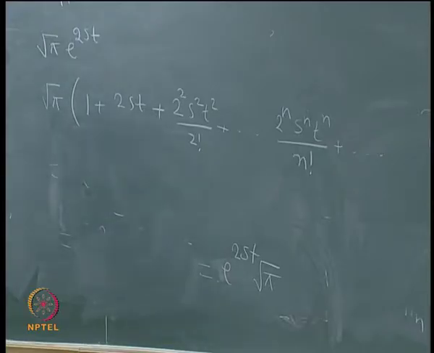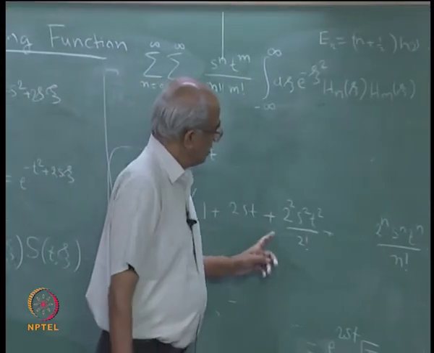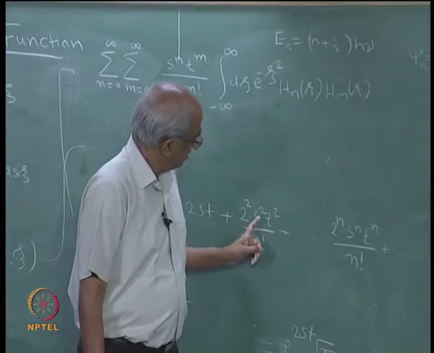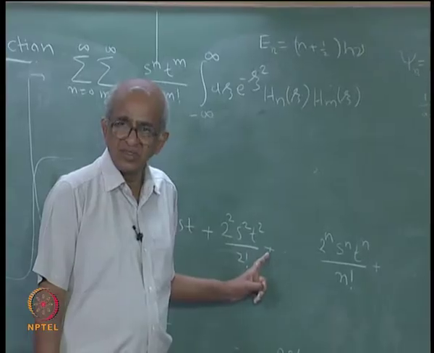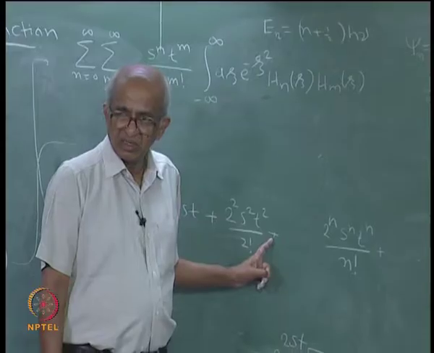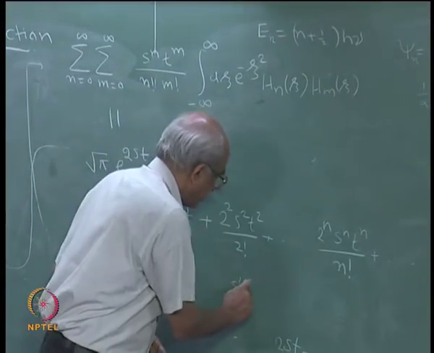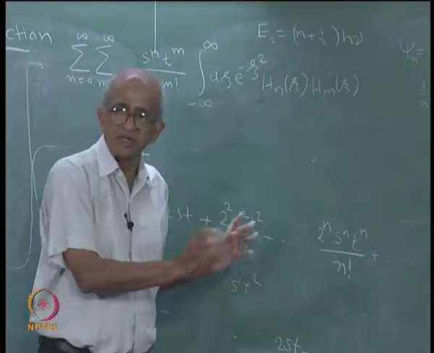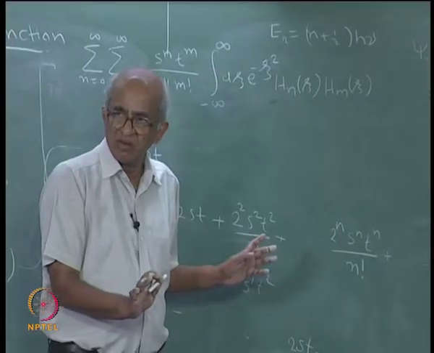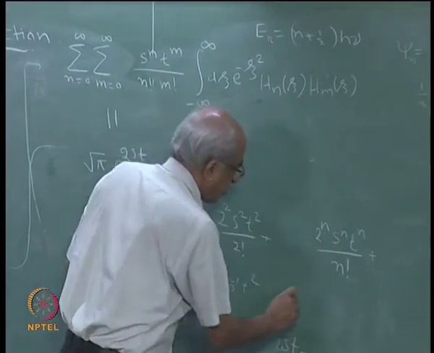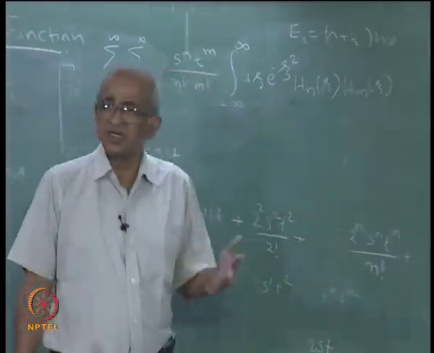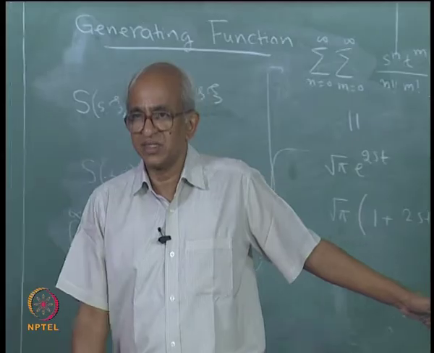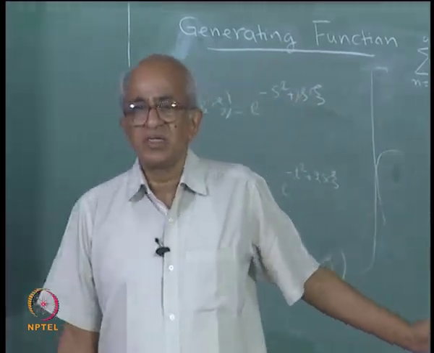So, what do you find? You find that there are only terms which contain the same power of s and t. You do not have a term like s to the power of 1, t to the power of 2, or a term of the form s to the power of n t to the power of m with n and m being different. Such a term is not there in this expansion. So, what is the conclusion?